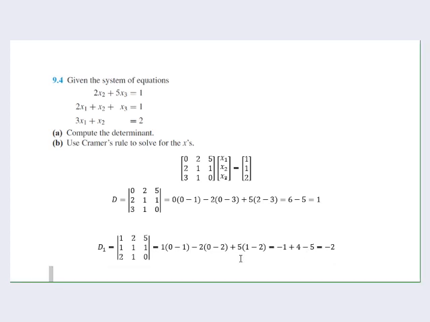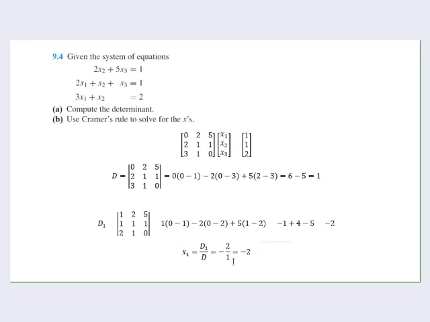So x1 is D1 over D, that's minus 2 over 1, so x1 is minus 2. So we finished finding x1.